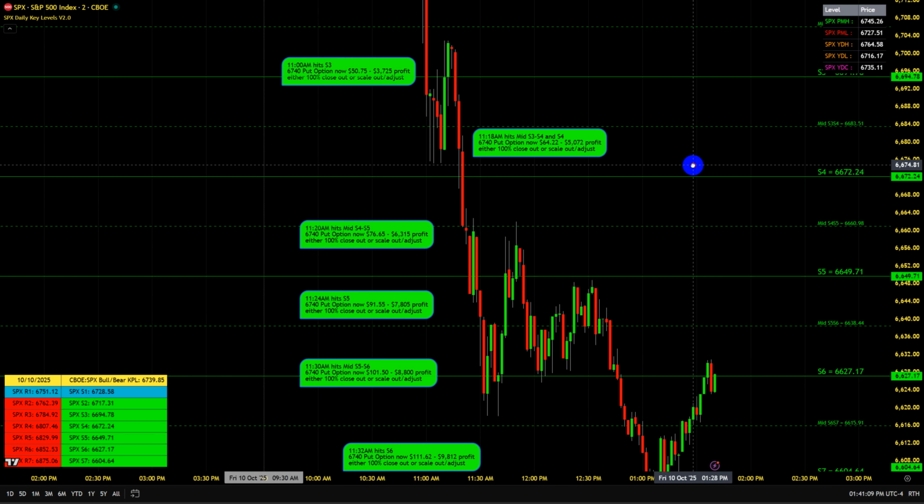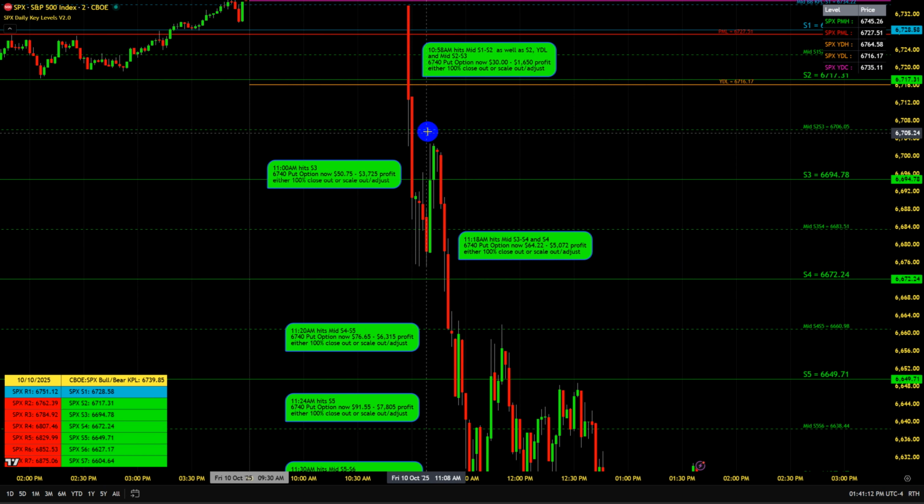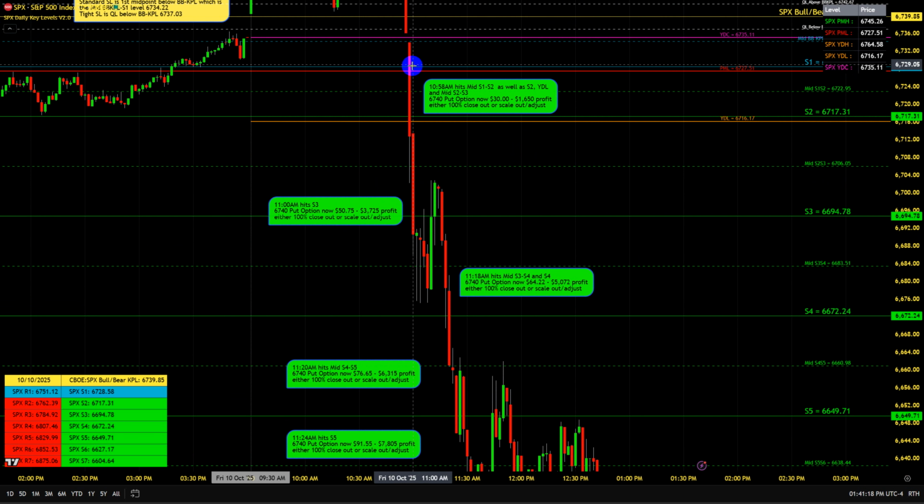per put option. So keep in mind that if you have runners that you initially adjusted the stop loss on, remember back here at the 1.5 level to 2 level move, and you have remaining runners that you adjusted the stop loss to break even or the 10 to 15% buffer, then at each level that it's hitting, you have another decision to make: either closing out the rest of your runners, or adjusting the stop loss further on the rest of your runners.